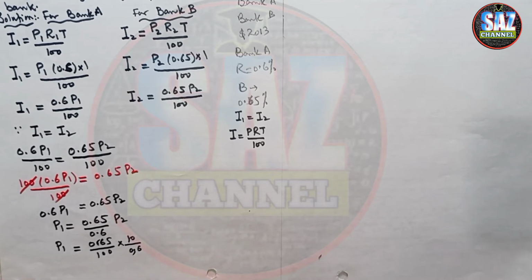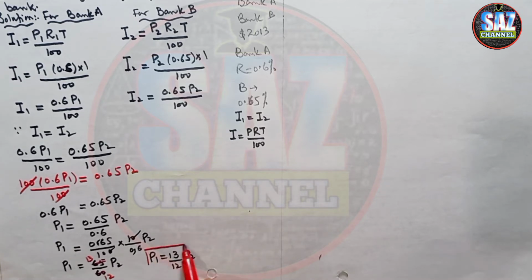I'm removing the decimal here. 0 will be going with this 0, and P1 equals 65 by 60 P2. So 65 and 60, table of 5 is suitable. 5 13s are 65 and 5 12s are 60. So P1 will be equal to 13 by 12 P2. This is the simplified equation with the help of the interest.